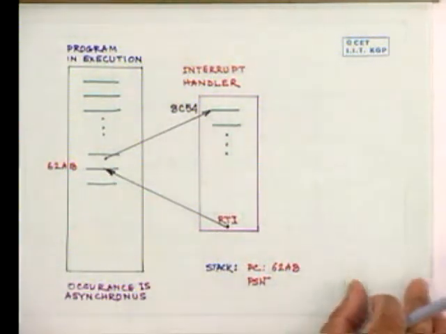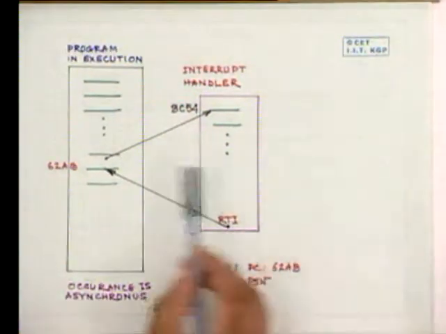This was more or less the situation as in the subroutine jump and return. The only difference is that we as programmers know exactly where the subroutine call instruction exists, that at this point the subroutine jump will take place.